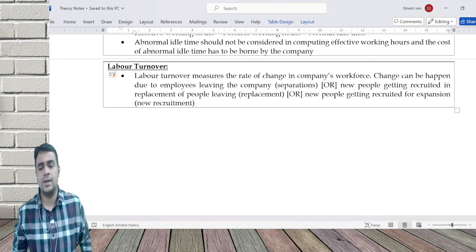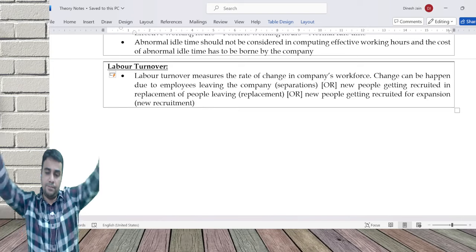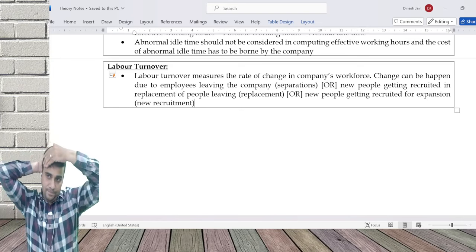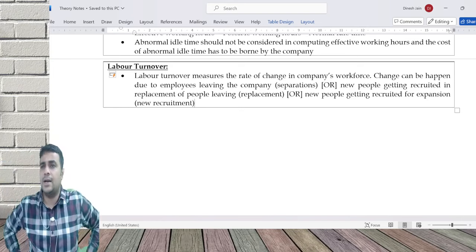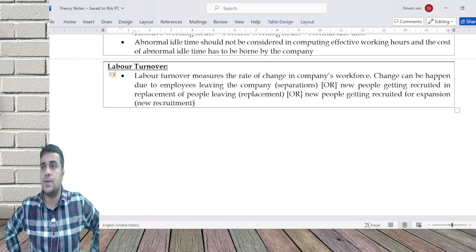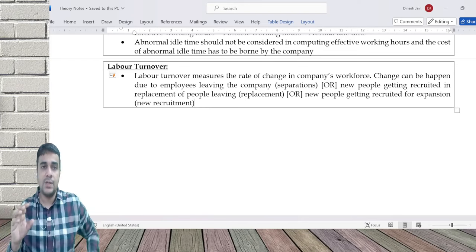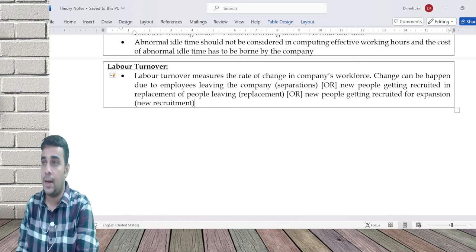Okay, now what is labor turnover? Let's understand labor turnover. This is one of the important metrics which an organization would want to monitor to control labor cost. Labor turnover measures the rate of change in a company's workforce. What is change? Today I am taking a class.